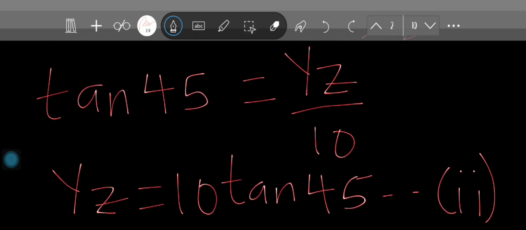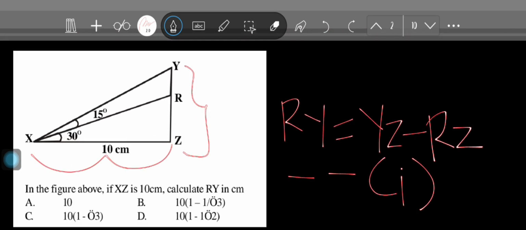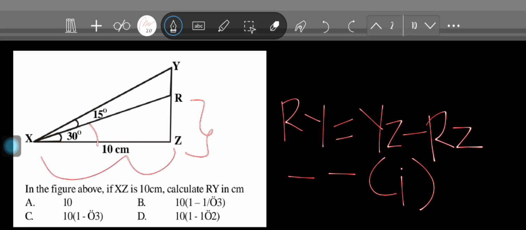Then let's consider triangle xrz, which is one of the small triangles that we have there. In triangle xrz, we can also consider the tan of 30 degrees. Tan 30 degrees will be opposite, which is rz, over adjacent, again xz.